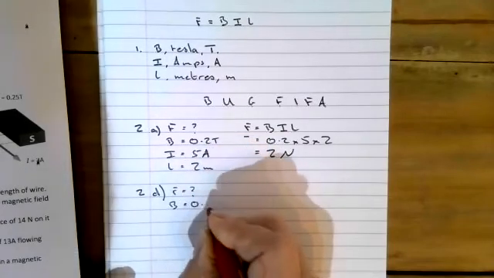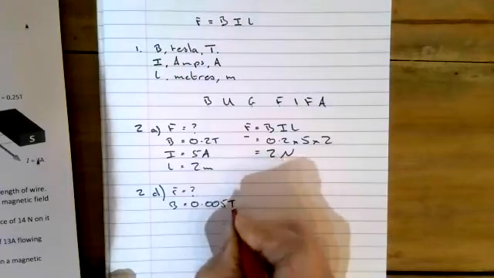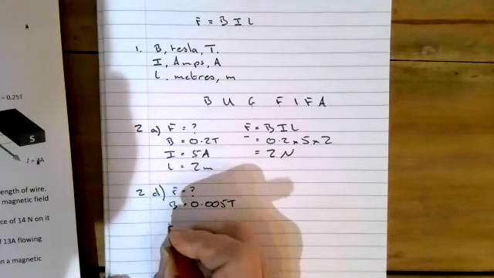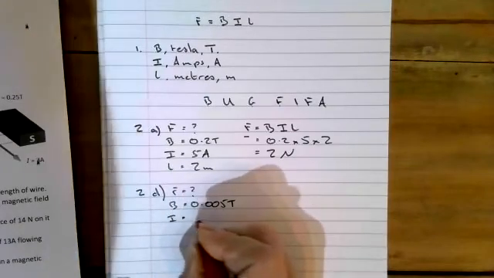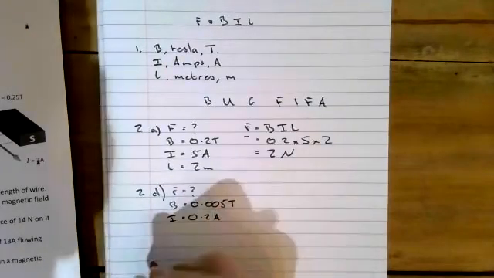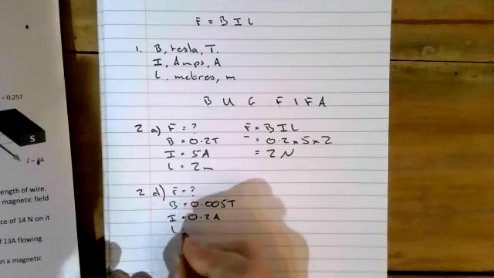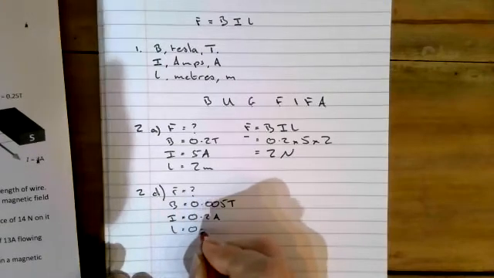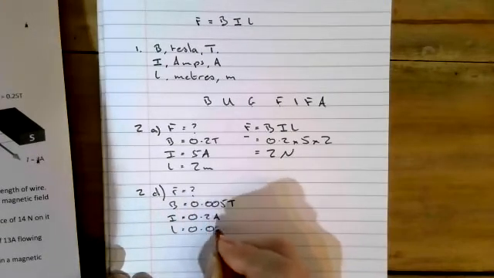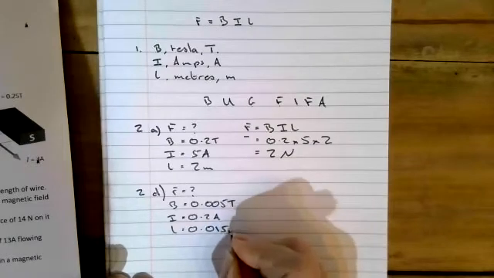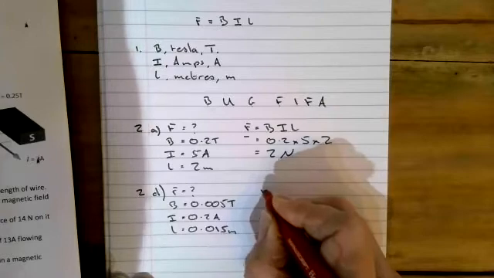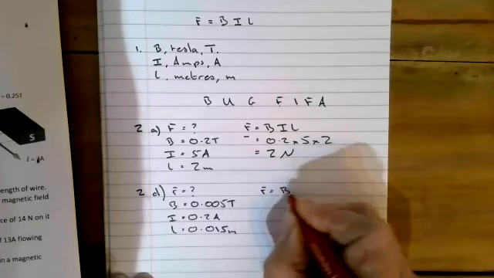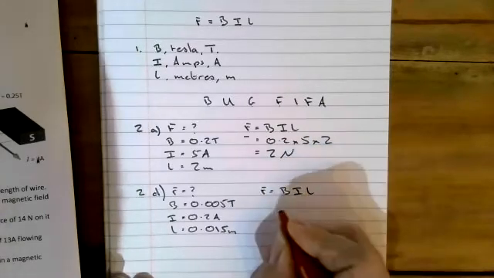B is equal to 0.005 Tesla. We have current I is equal to 0.2 amps. And we have length as being equal to 0.015 meters. So looking at this then, I've got force is equal to BIL.